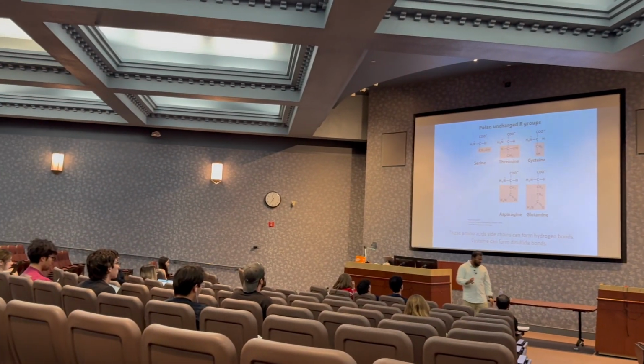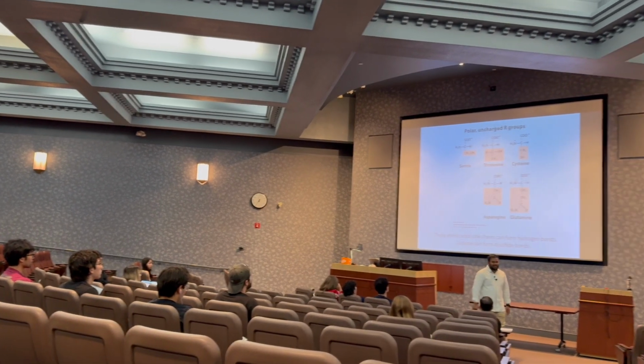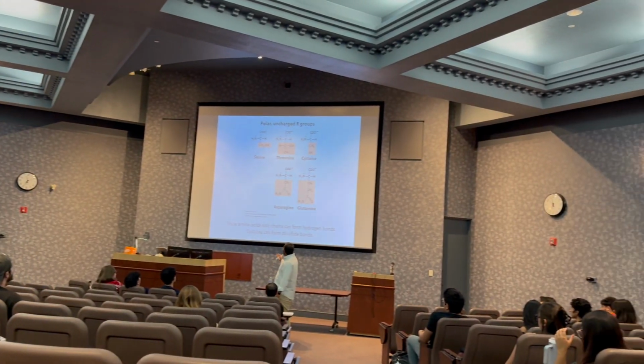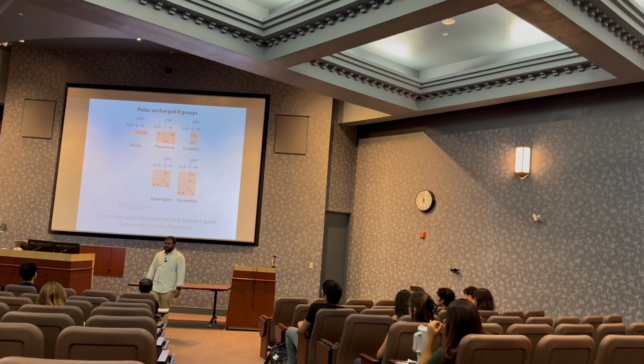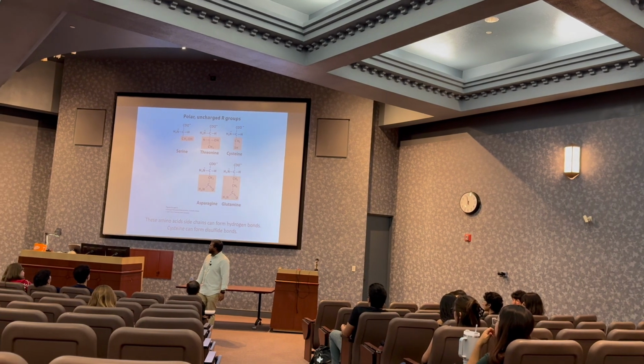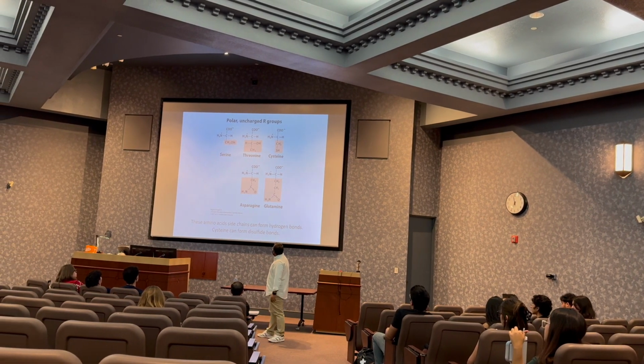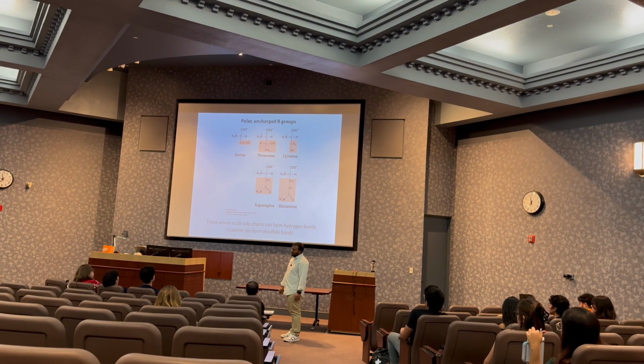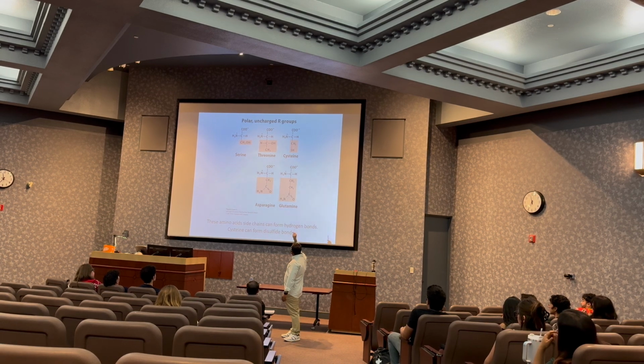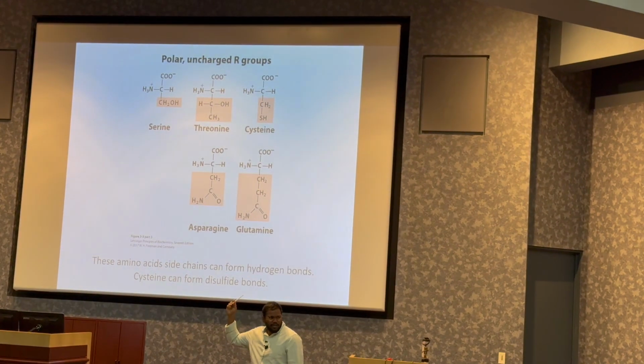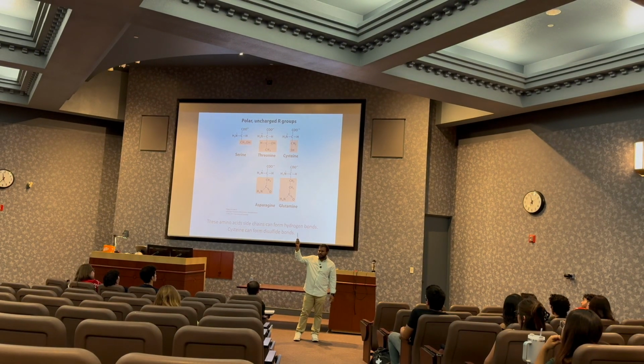Okay, anyone who knows an amino acid having selenium in place of sulfur? What's the sulfur containing amino acid here? Cysteine. So if you replace sulfur with selenium, it will be selenocysteine. Have you heard of this name before?